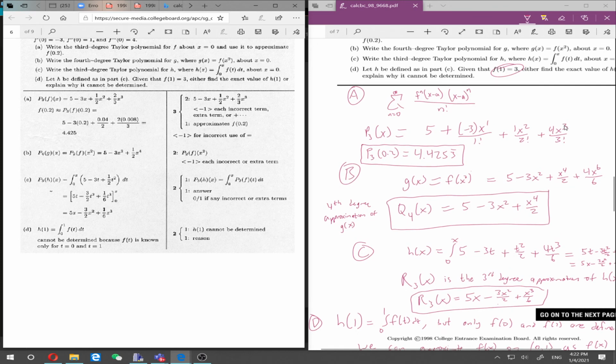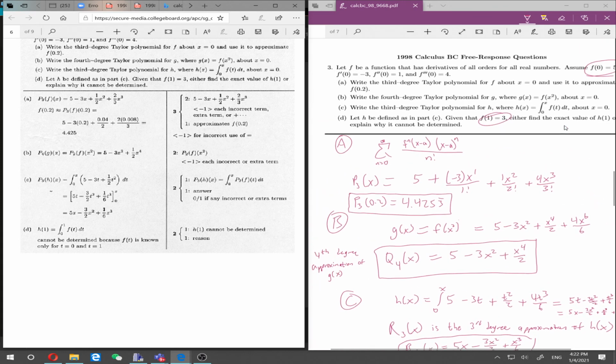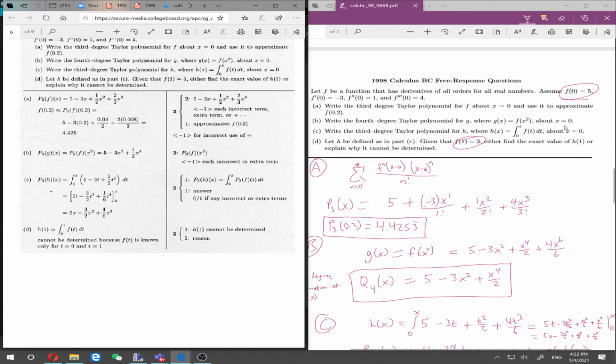How did we... Oh, because this is 3 factorial and they just use 3. Okay, so we actually still match. So that 3 factorial would be 3 times 2. The 2 would cancel with the 4 and give us 2x cubed over 3. So we do still match, actually.